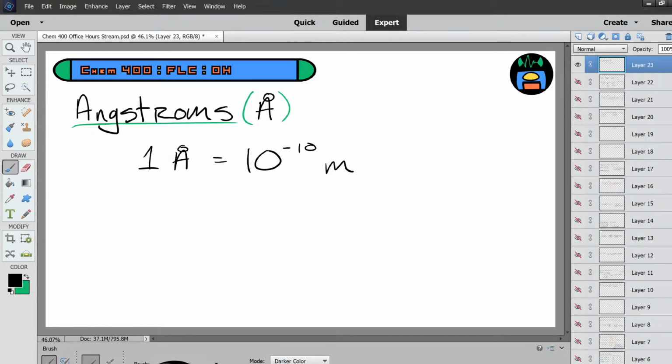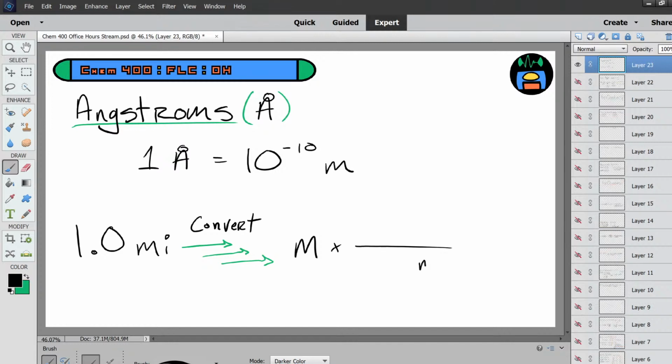All right? And so when you need to convert from miles to angstroms, it's basically a unit conversion where you have 1.0 miles, and this is going to be a multiple step unit conversion, but you have to find a way to convert your length in miles to meters, and then once you're in meters, you can use the nifty unit conversion: 1 angstrom is 10 to the negative 10th meters.